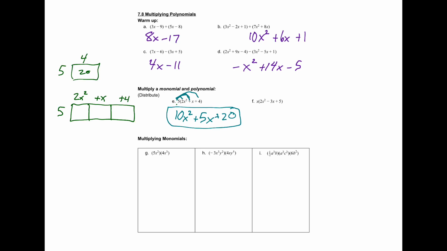And from there, I can start doing the multiplication. So 5 times 2, 10x squared, 5 times 1x is a positive 5x, and 5 times 4 is a positive 20, and then my answer is just 10x squared plus 5x plus 20. Which is the same answer. I'm so sorry, 5 times 4 is 20. There we go. Which is the same answer as up there.